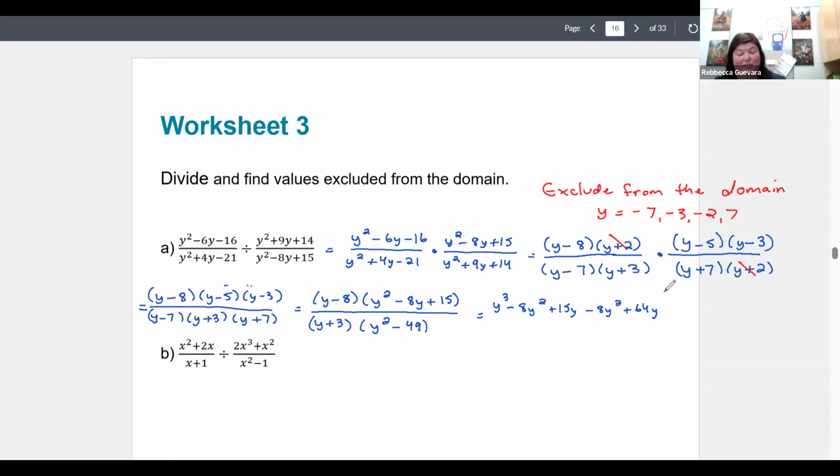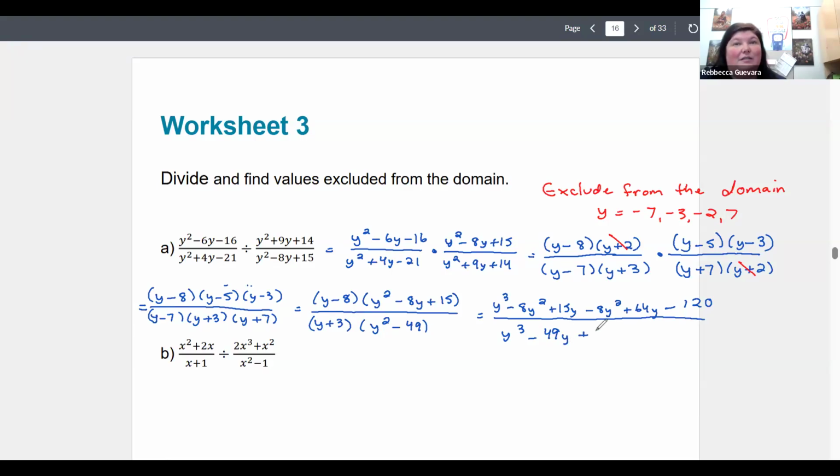Okay, I don't know what 8 times 15 is off the top of my head. So the minus 8 times the positive 15 is negative 120. Yes, you're supposed to do all this. Here, y times y squared is y cubed. Y times 49 is, sorry, minus 49y.